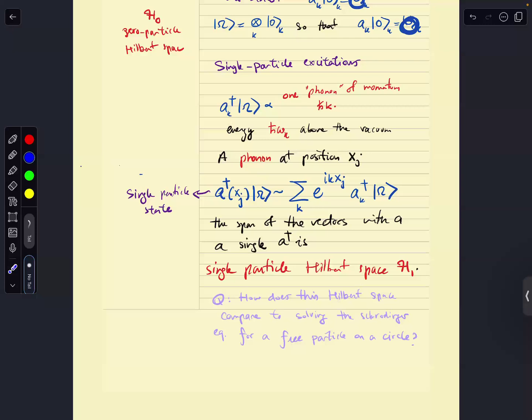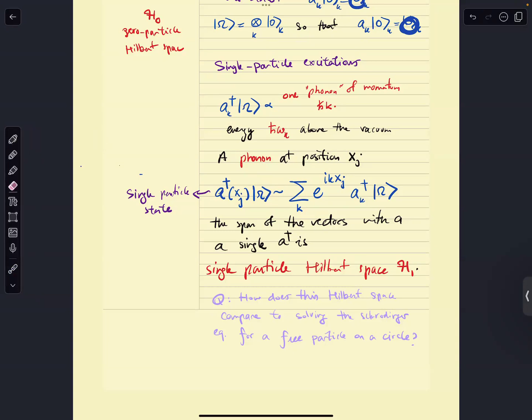Sure. So when we do this operation on the Fock space, the states you generate are superpositions of waves. Or, am I misunderstanding it?